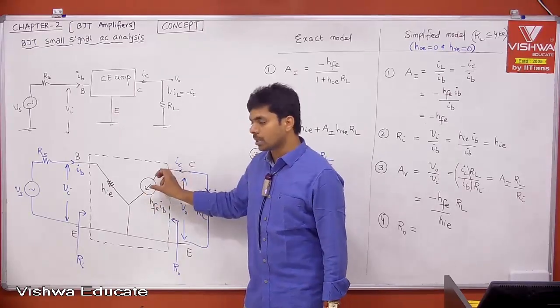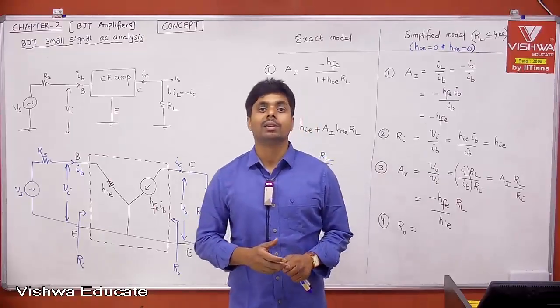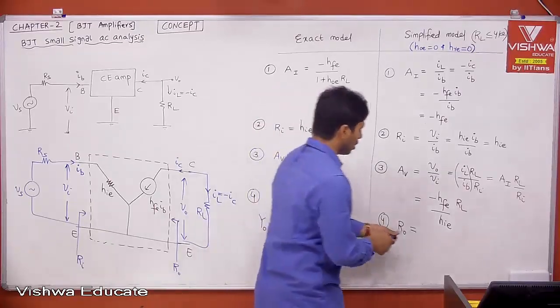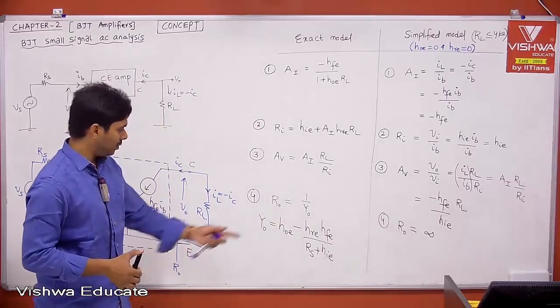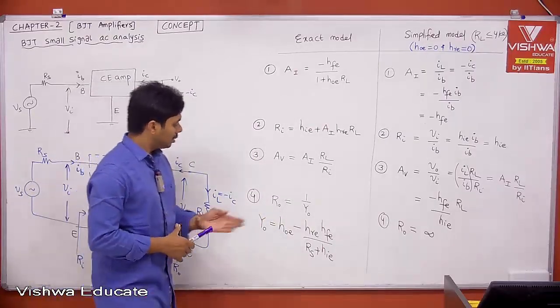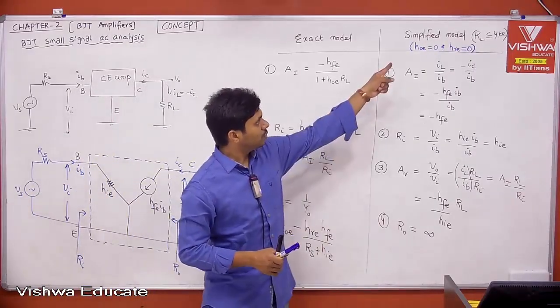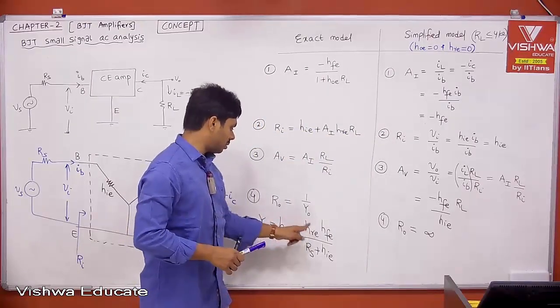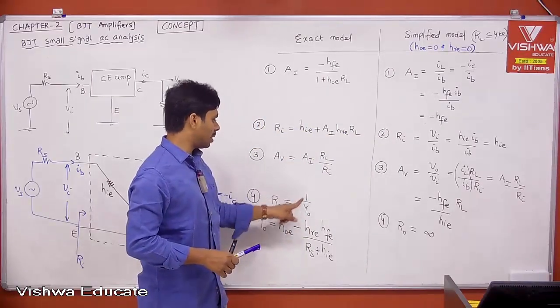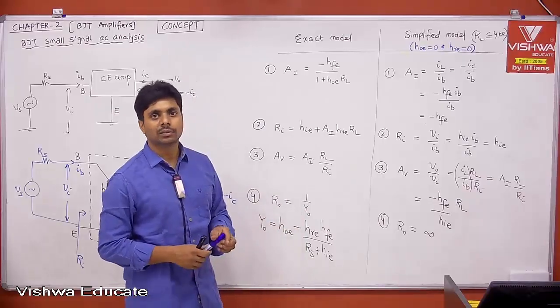Therefore, what is the output impedance? Open circuit is nothing but infinity. Therefore, R0 is infinity. You can check from the formula also: HOE is 0, HRE is 0, so 0 minus 0, Y0 is 0. 1 by 0 is infinity. That is fine.